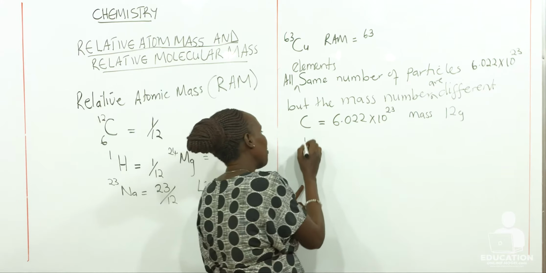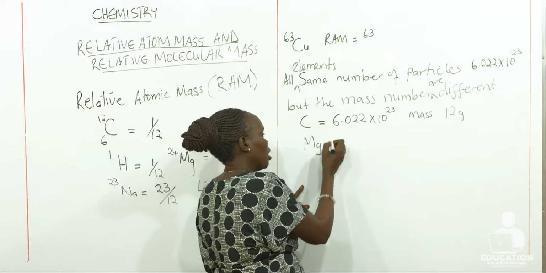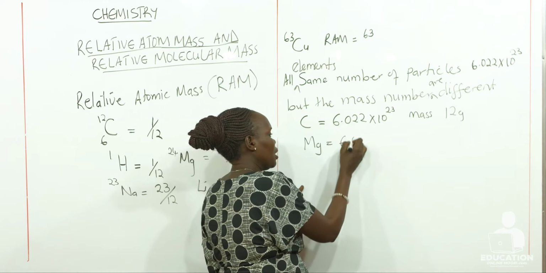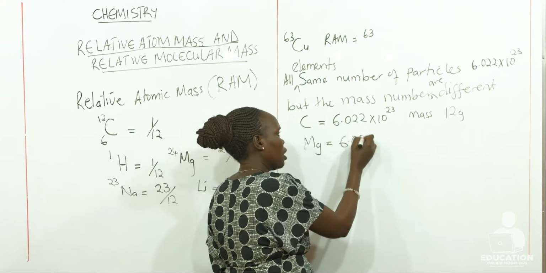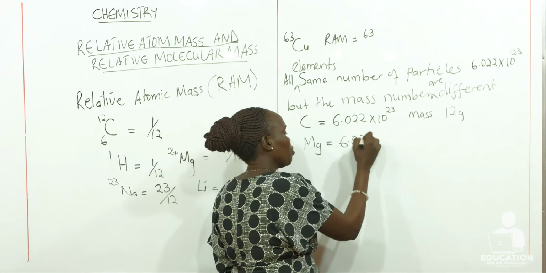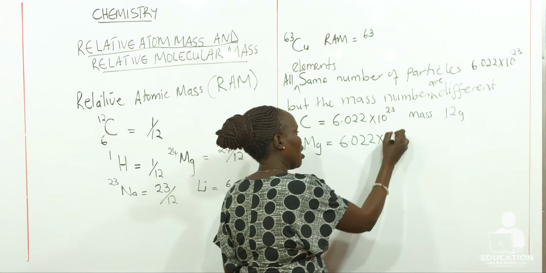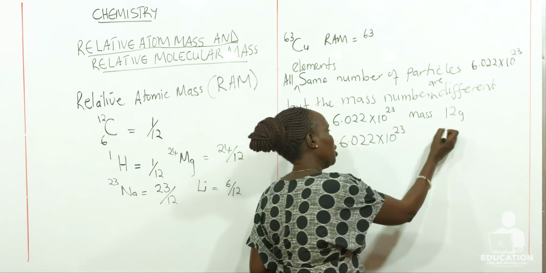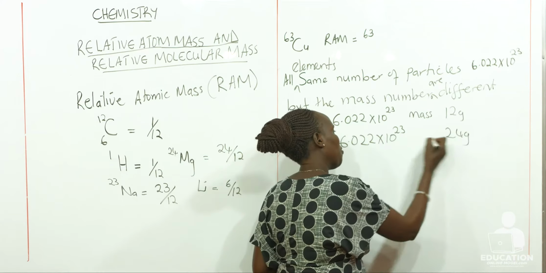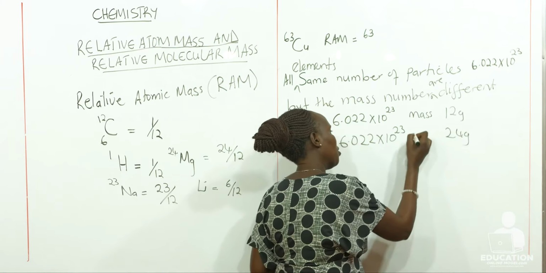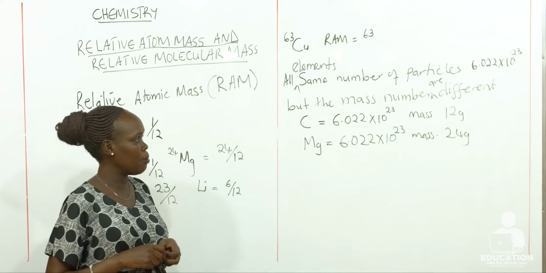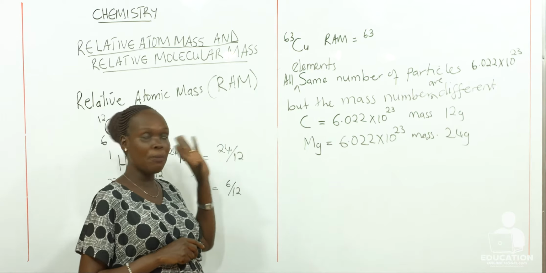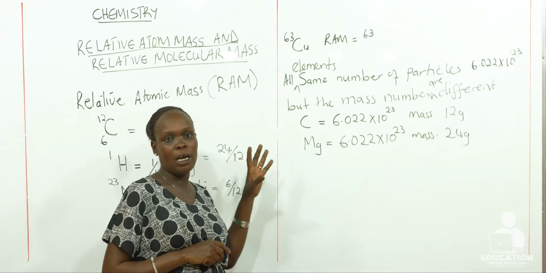So magnesium has the same number of particles, 6.022 times 10 to the power 23, but the mass number of magnesium is 24 grams. So we shall say that the mass numbers of all the atoms or elements are different, but their numbers of particles are the same.